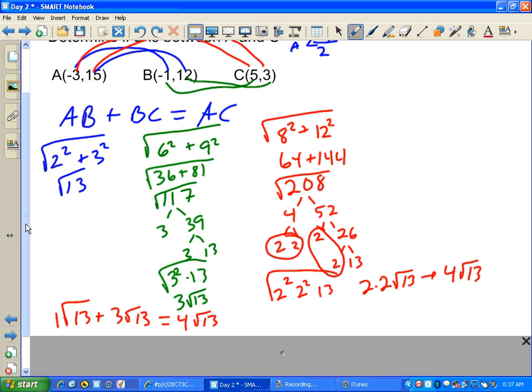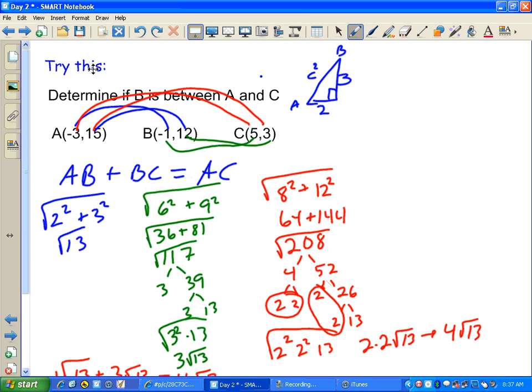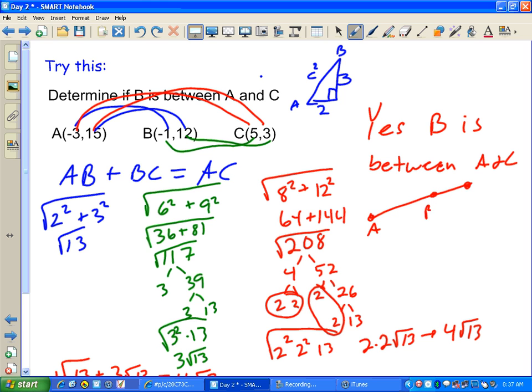So I've got a true statement here, which means yes, B is between A and C, which also means A, B, and C are collinear. So there is some line that contains all 3 of these points.